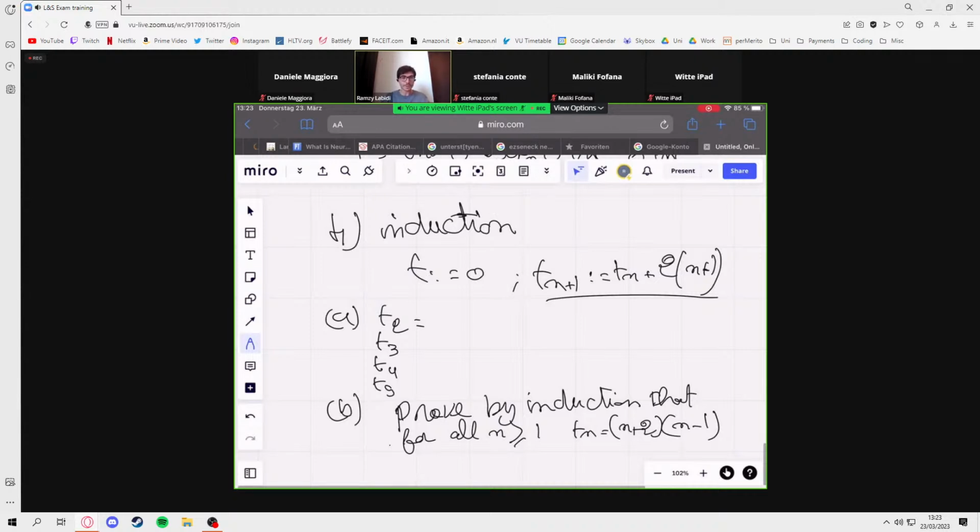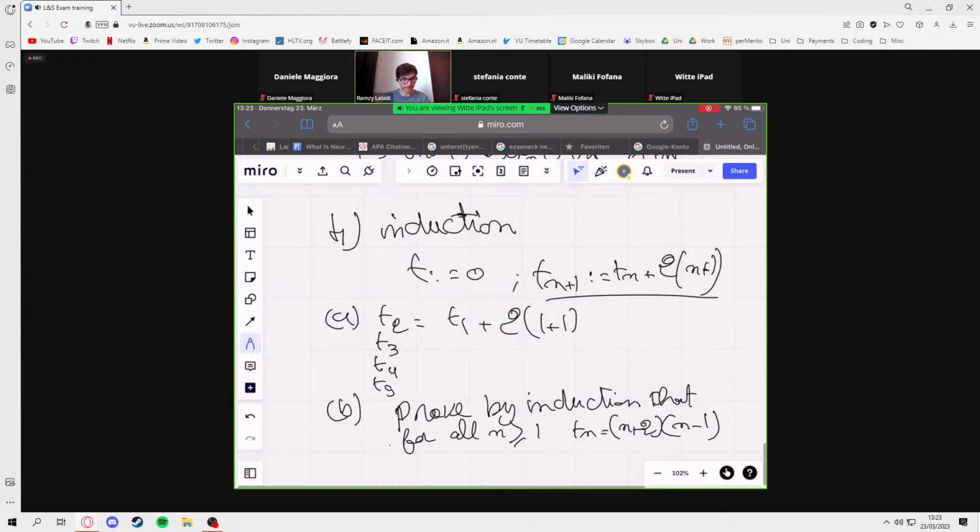Whenever we see any question that looks like this, we should immediately just start calculating and apply it. So t2 is equal to t1 plus 2 times (1 plus 1).